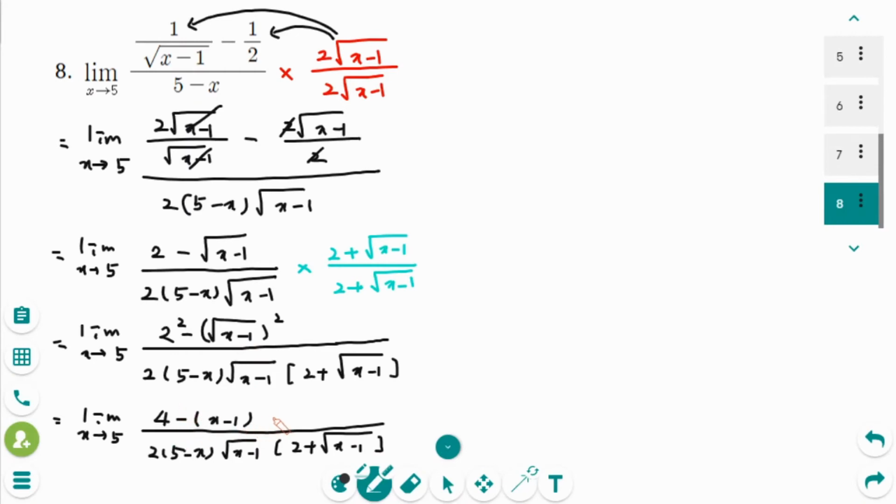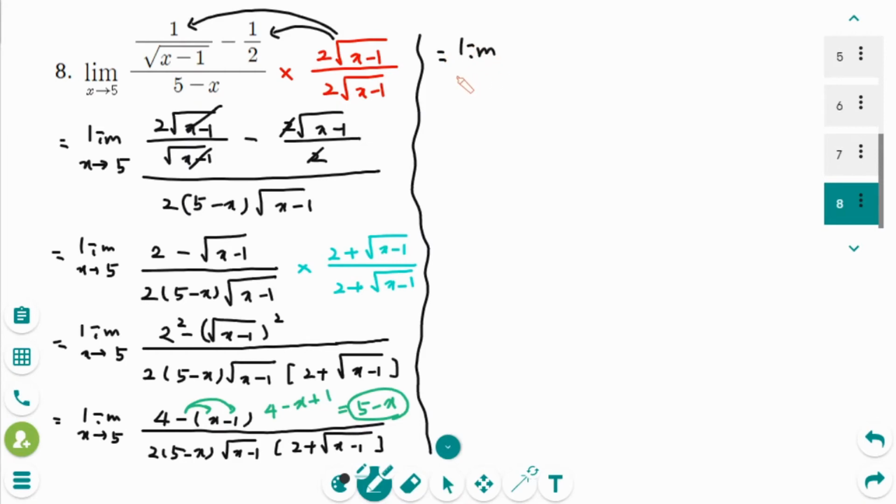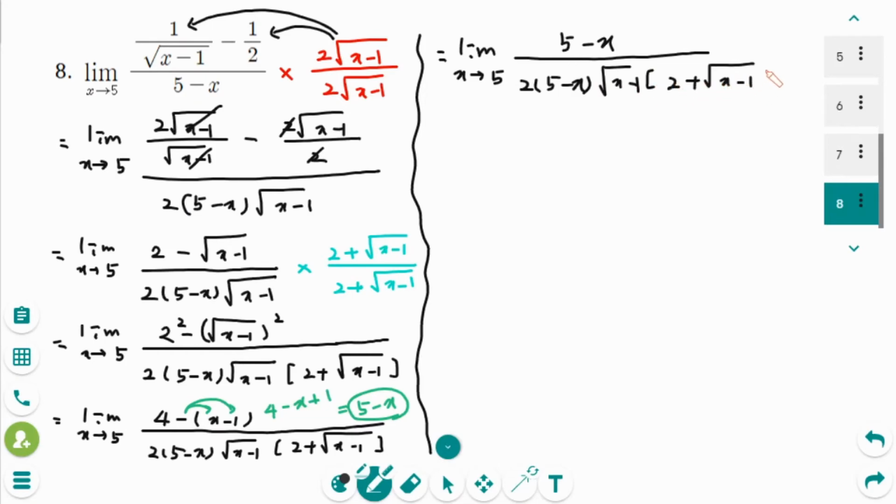The numerator is 4 − x + 1, which is 5 − x. So the limit as x approaches 5, the numerator is 5 − x over the denominator 2(5 − x)√(x−1)(2 + √(x−1)).